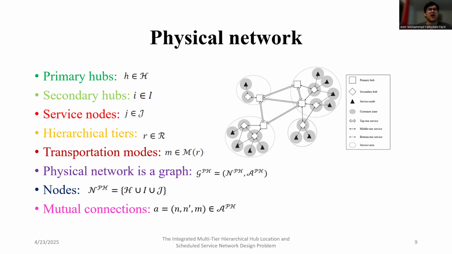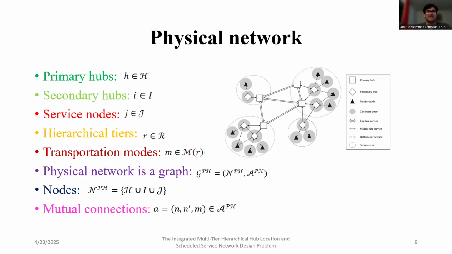To define the hierarchical tiers, we have three tiers: the bottom tier are the service nodes, the middle tier are the secondary hubs, and the top tier is the primary hubs, defined by the index R belonging to capital R.